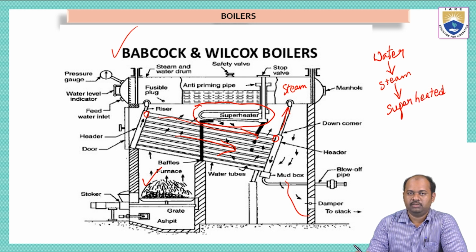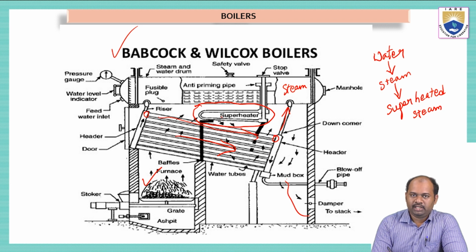Now what happens because of the superheated steam? We will remove those moisture particles. All moisture particles will be completely converted into gas, like steam. So the superheater is the added extra add-on for this Babcock and Wilcox boiler. Remaining thing is same as the working of previous boilers.